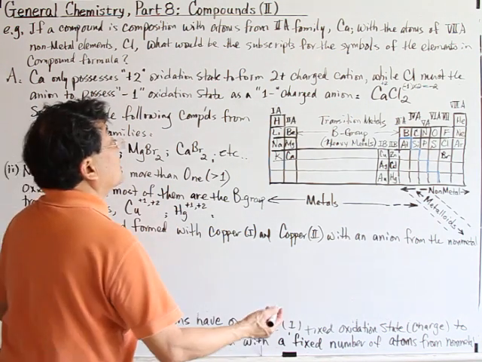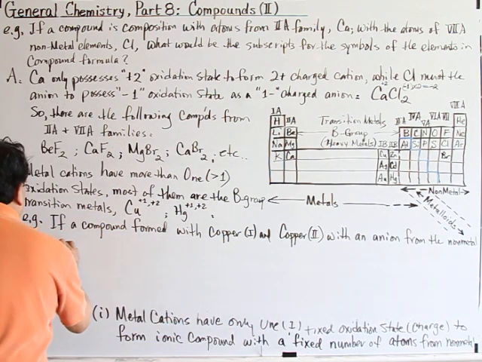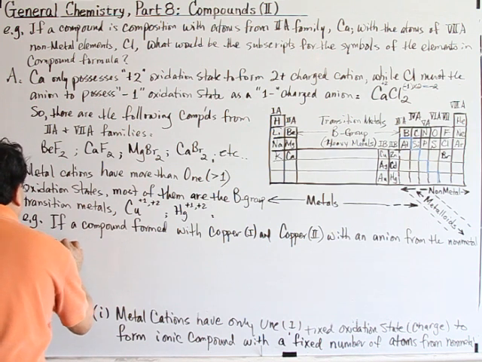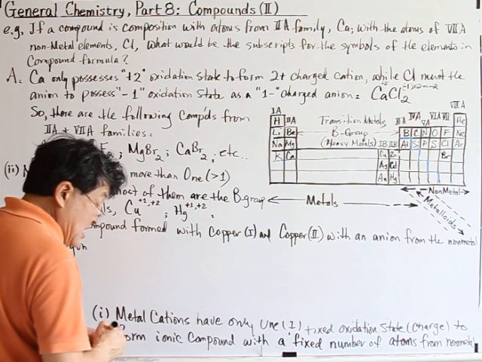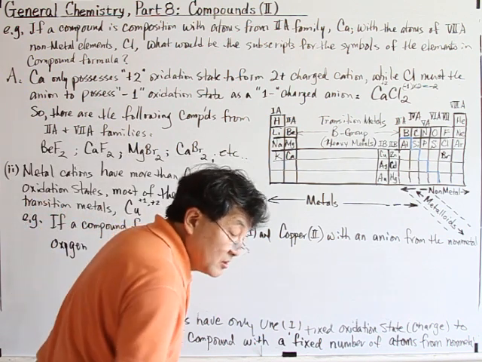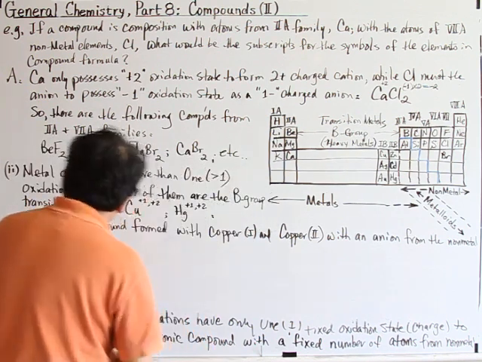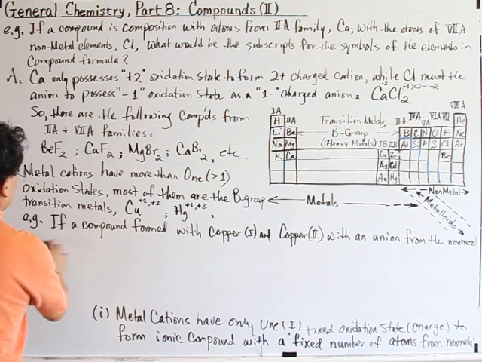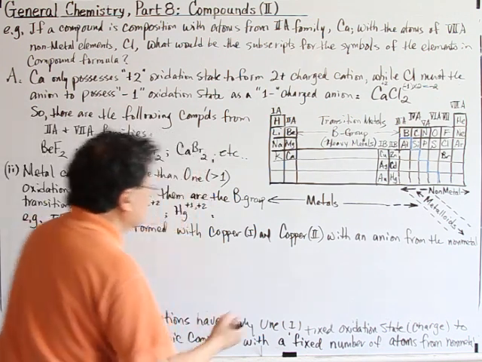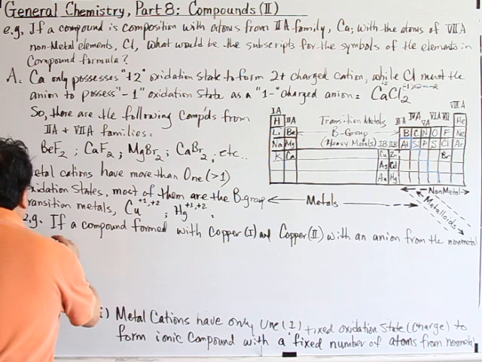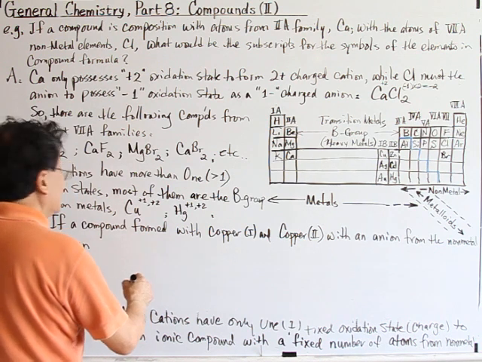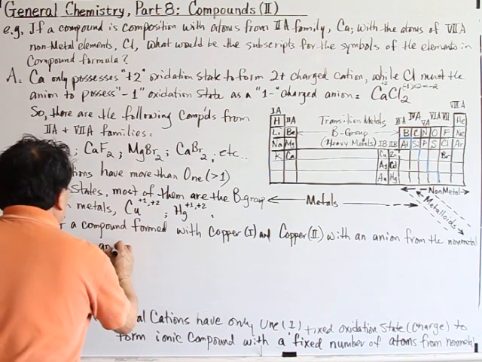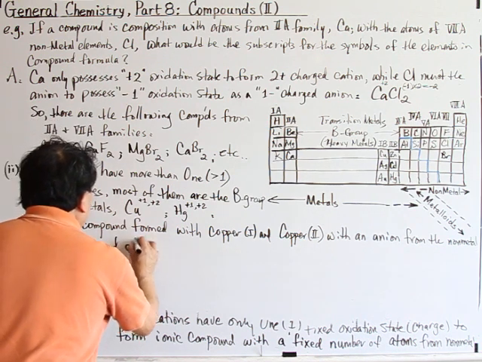Let's pick the nonmetal oxygen family: oxygen and chlorine.